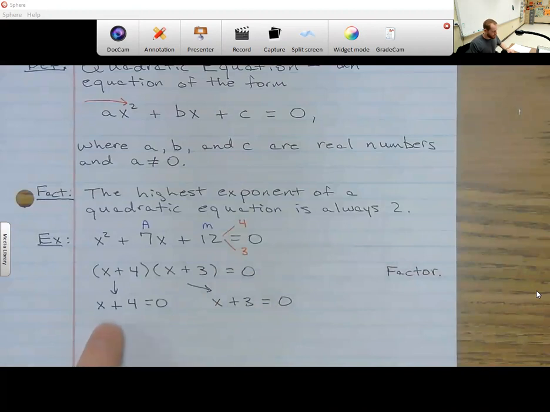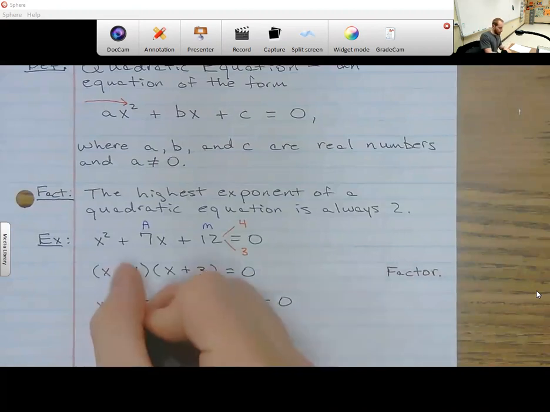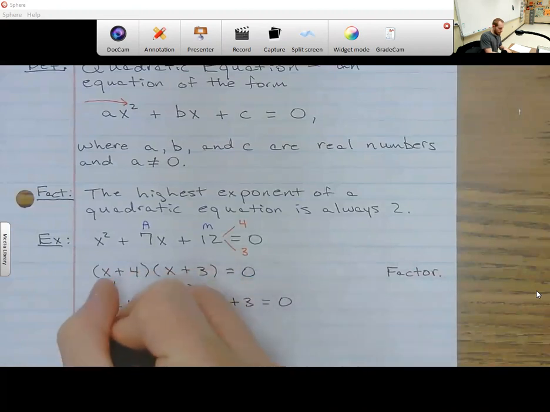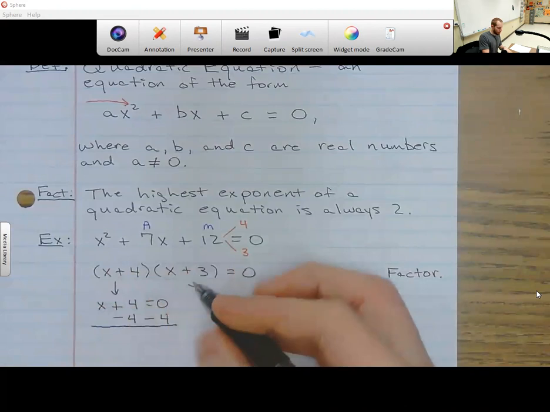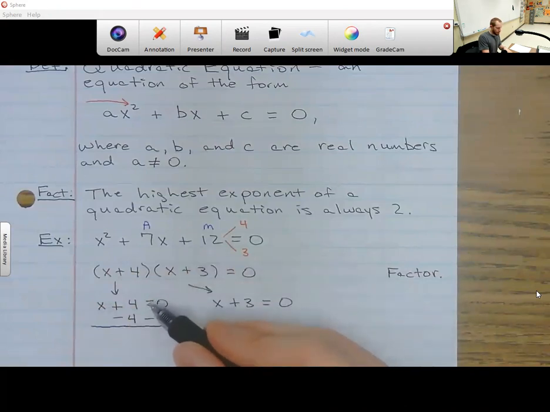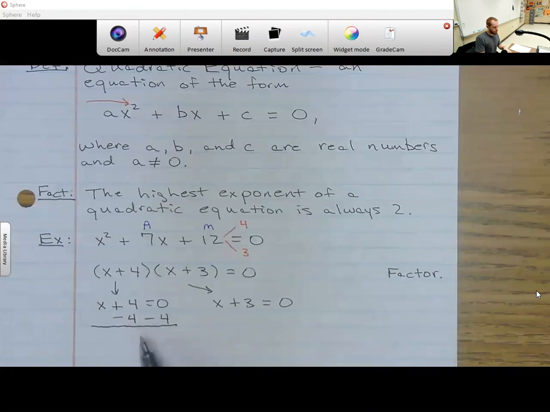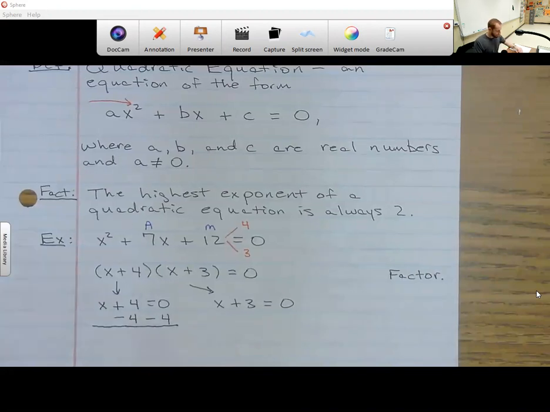So for this x plus 4 right here, to get the x by itself, I've got to get rid of this plus 4. So I'm going to subtract 4 from both sides. That way I can get rid of this plus 4. And I always make sure I do it on both sides of the equal sign, so that when you get to the end, both sides are still equal because you're doing the same thing on both sides, right?